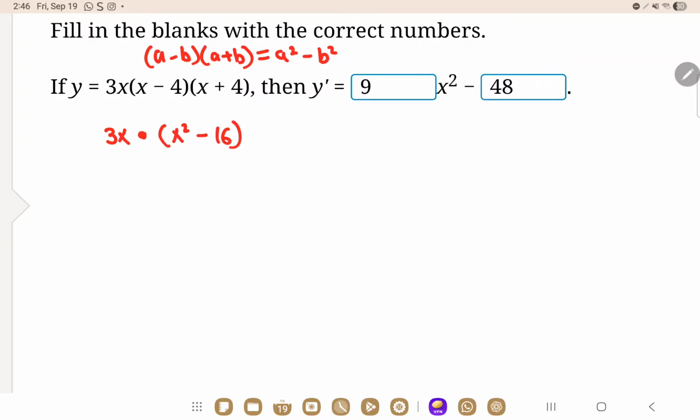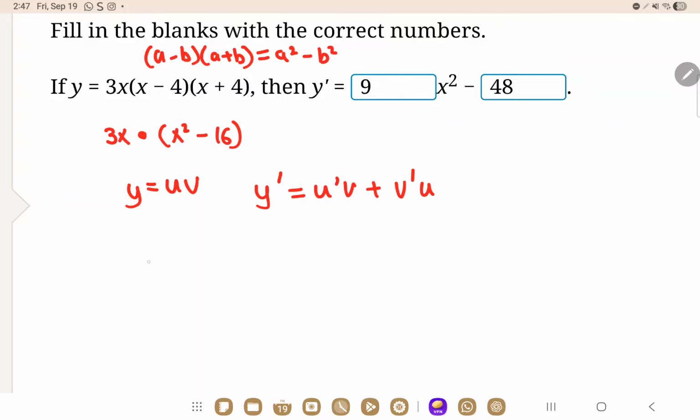Now we need to use the product rule. The product rule is y equals uv, y prime equals u prime v plus v prime u.